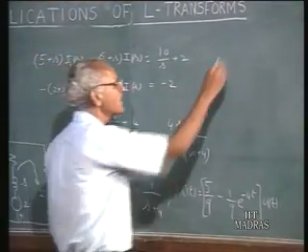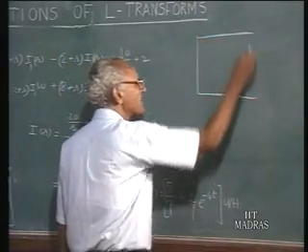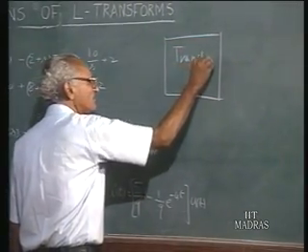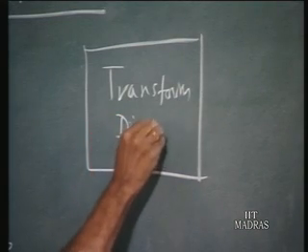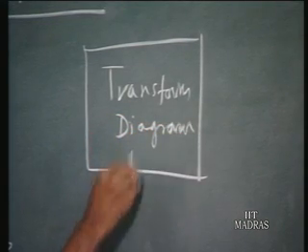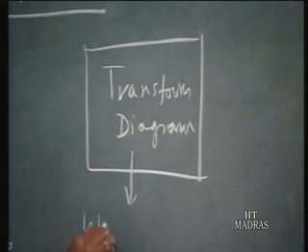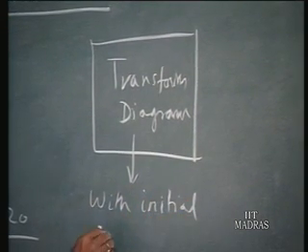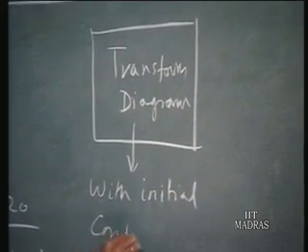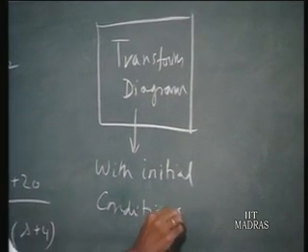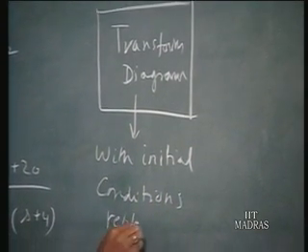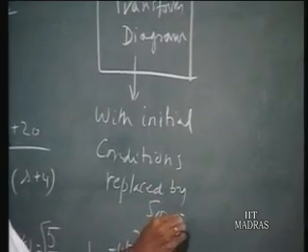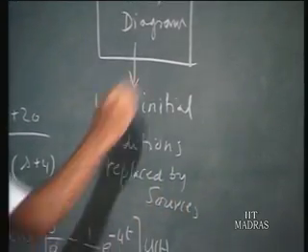So the steps that are involved would be to set up the transform diagram, in the transform diagram with initial conditions replaced by sources appropriately, either voltage sources or current sources.